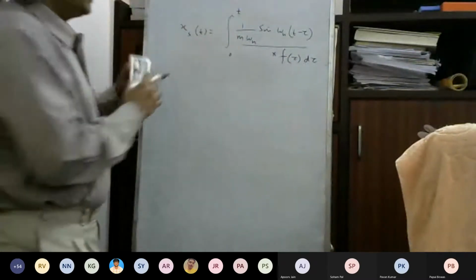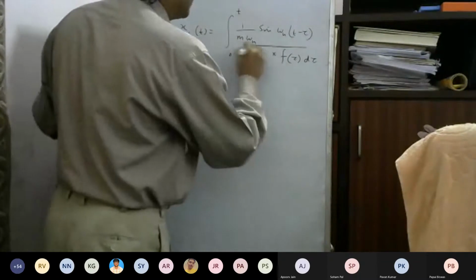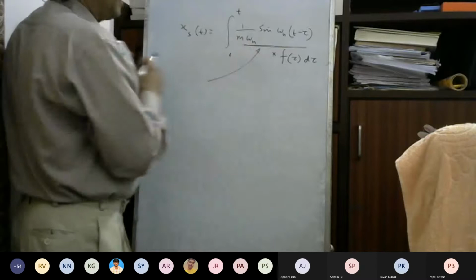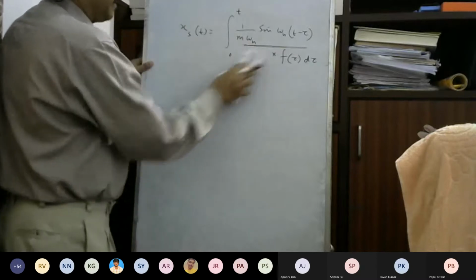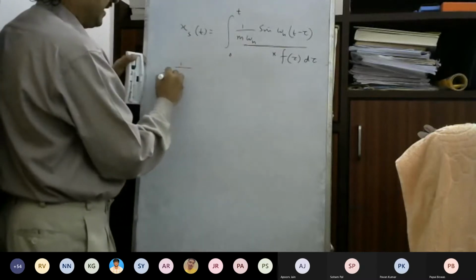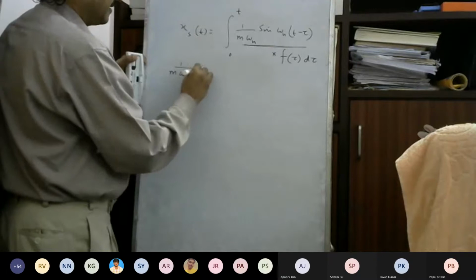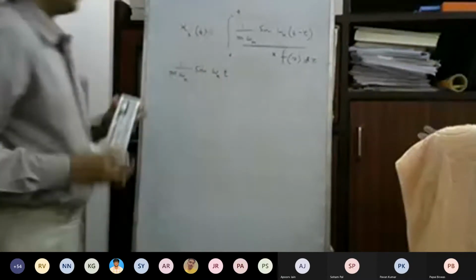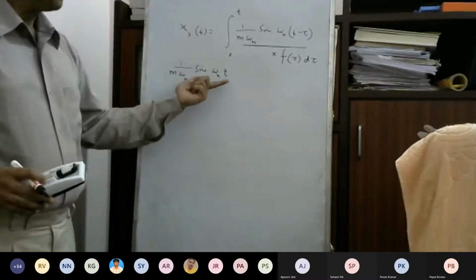Now you will see this particular part which I have underlined, 1 by m omega n sine omega n t. What is the name of this function? 1 by m omega n sine omega n t.